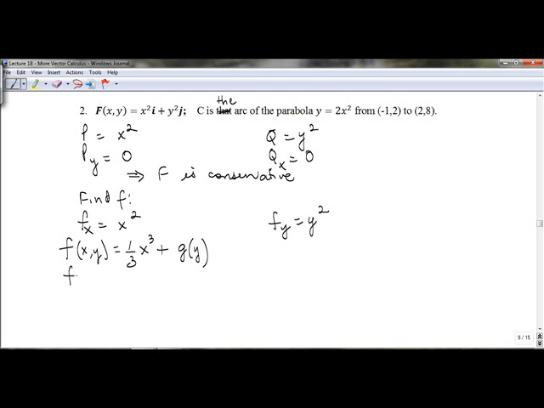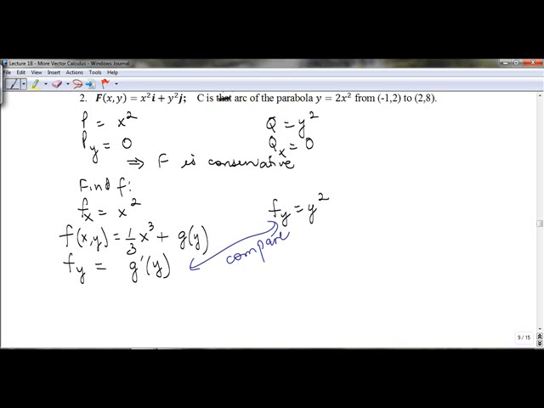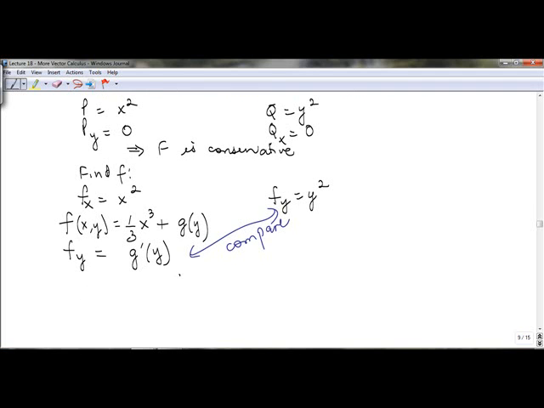Find partial of f with respect to y. What is that? Just g prime of y, right? Because the first one is x. Now what? Compare. When we compare, what do we get? g prime of y is y squared.